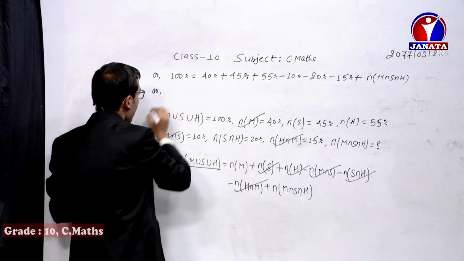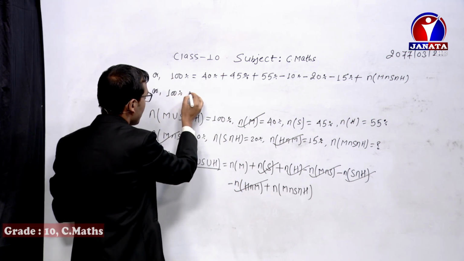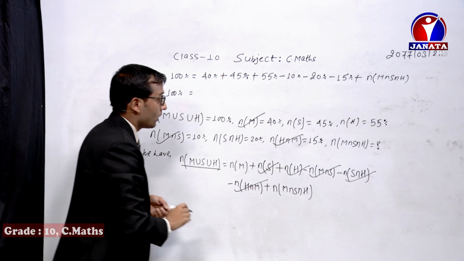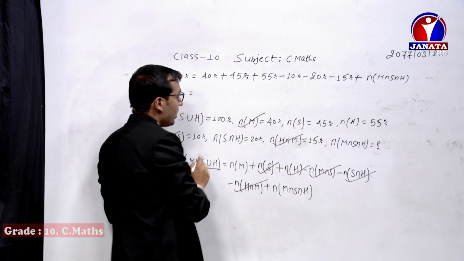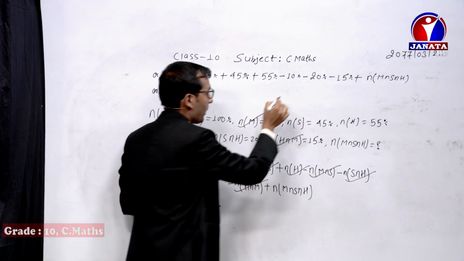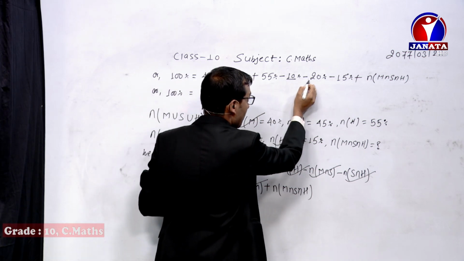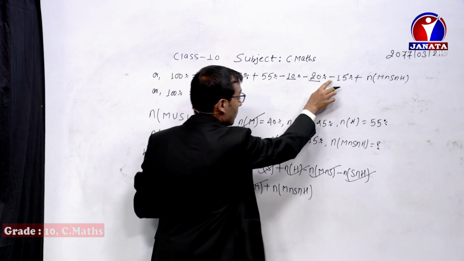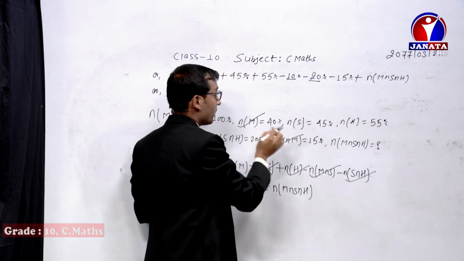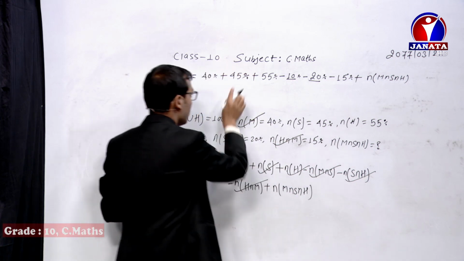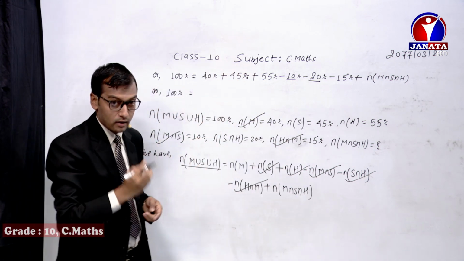So let's simplify. 100% is equal to, okay, if we add and subtract here, minus 10, minus 20 is negative 30, minus 15 is negative 45. So negative 45 and positive 45 cancel out.